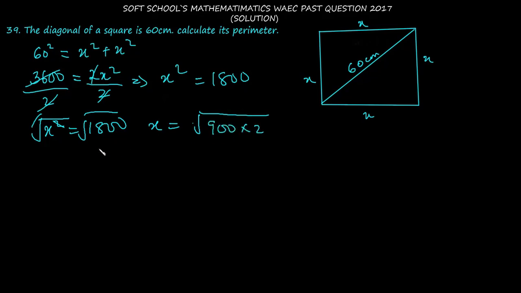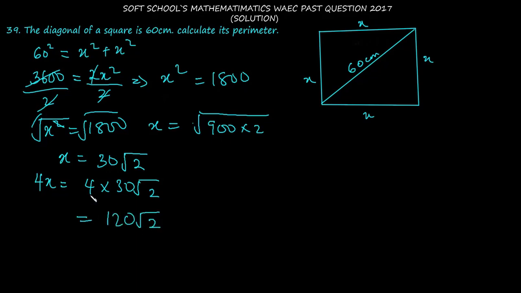The square root of 900 is 30, so x is equal to 30 root 2. We know that our perimeter is 4x, so it is 4 times 30 root 2, which is 120 root 2.